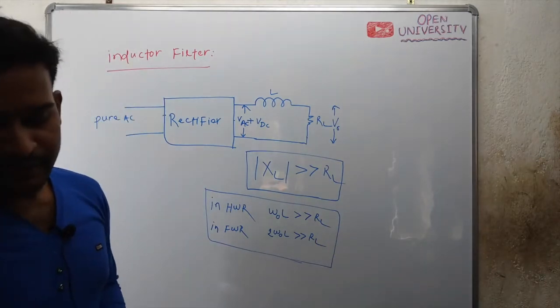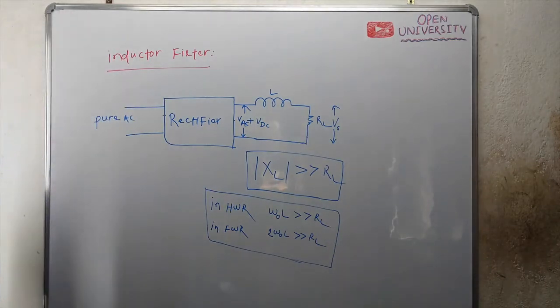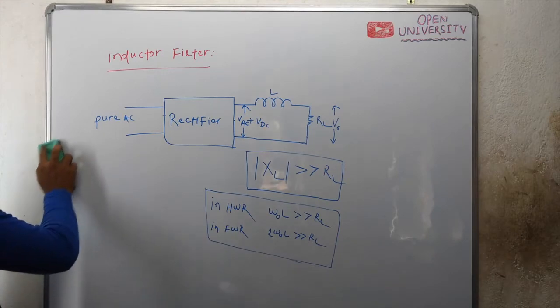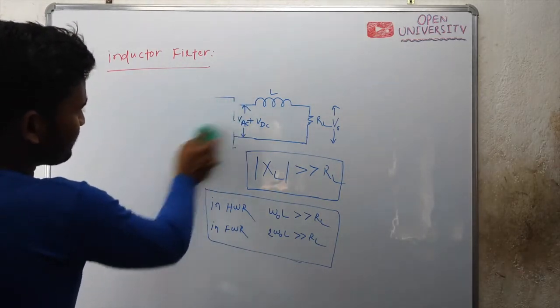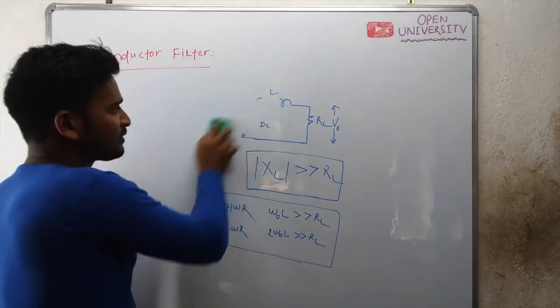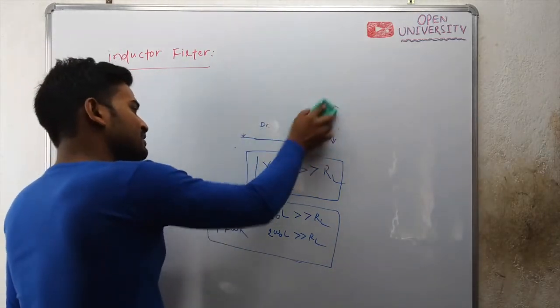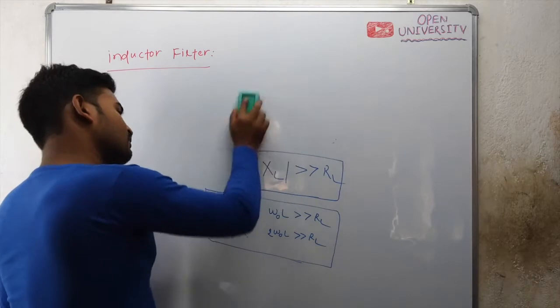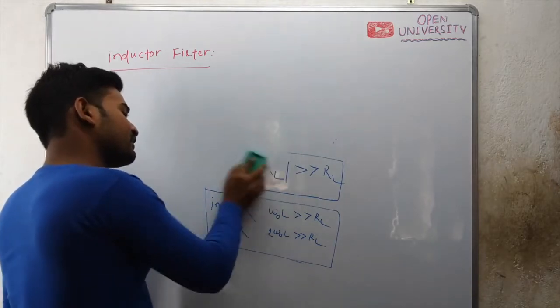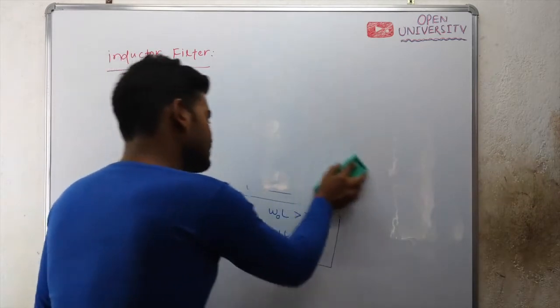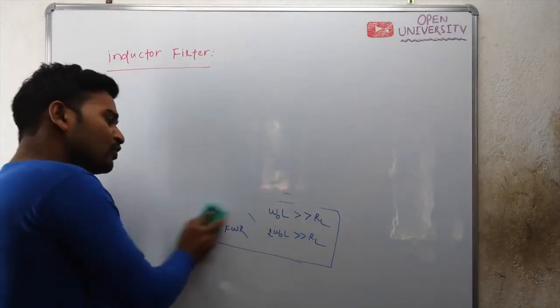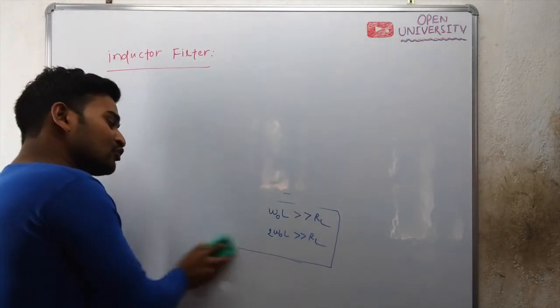Next, give the heading: calculation of ripple factor. Under the heading of inductor filter, give the heading calculation of ripple factor; we'll be doing some analysis. What is ripple factor? It is the measure of the amount of AC component present in the output.